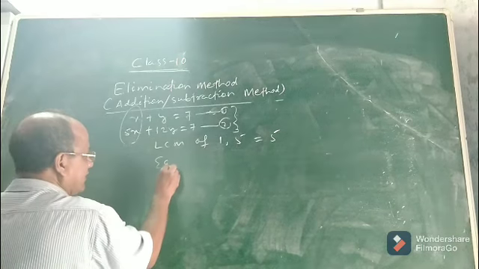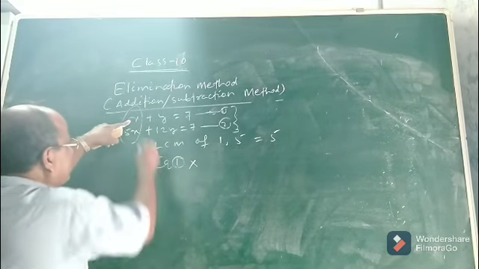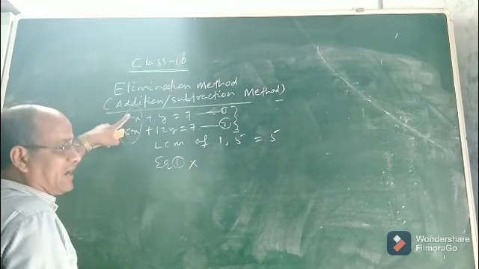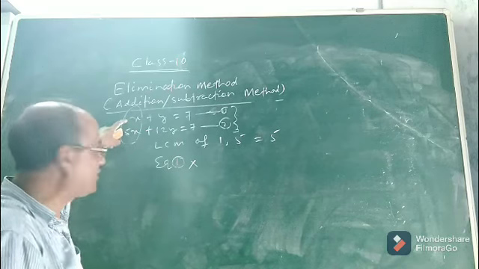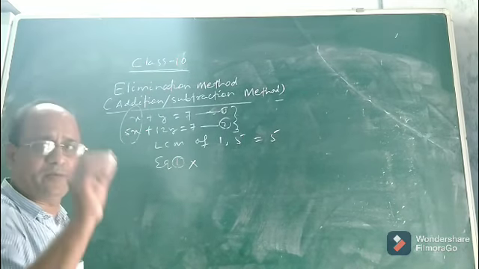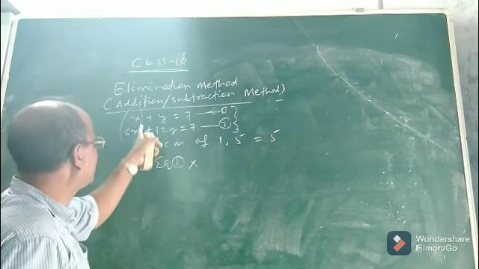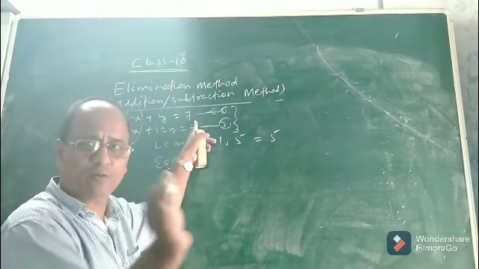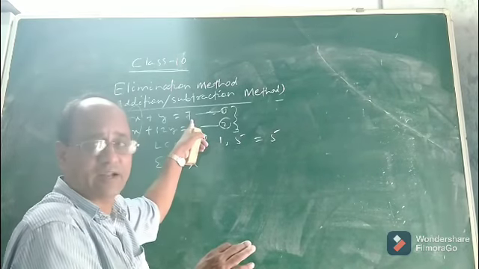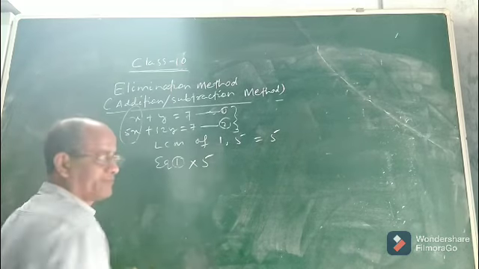You see, what is the next step? So you came to know, see children, that this coefficient must be made 5. Then only the two coefficients will be the same. Okay. So to make it 5, this is equation 1, x plus y equal to 7. The whole equation, whole meaning the left hand side and the right hand side, must be multiplied by 5.